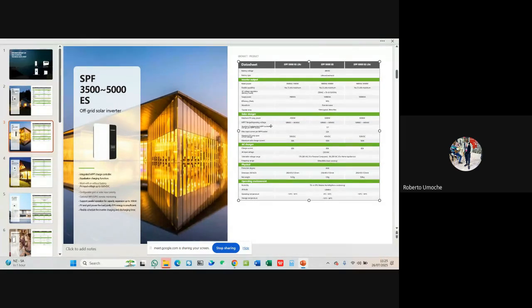MPPT voltage range. Here it is stated 120 VDC to 450 VDC. But for this particular model, practically over the years, we've discovered that the starting voltage for the PV is actually 150.